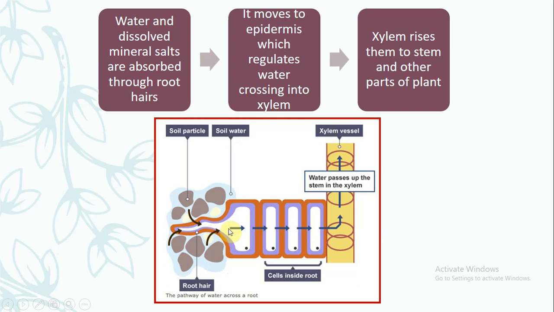So this is again the root hair, this is the rest of plants, and this is the soil. So the water and dissolved mineral salts will pass from the soil to the root hair, and it will move to the epidermis of the root, and in the epidermis, it will regulate water crossing into xylem.